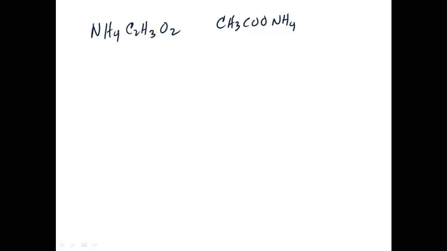All right, so what happens with ammonium acetate? Well, ammonium acetate's a salt. It's 2 polyatomic ions bonded together. When it dissolves, we get the ammonium ion plus the acetate ion. So we got to evaluate these 2 ions.